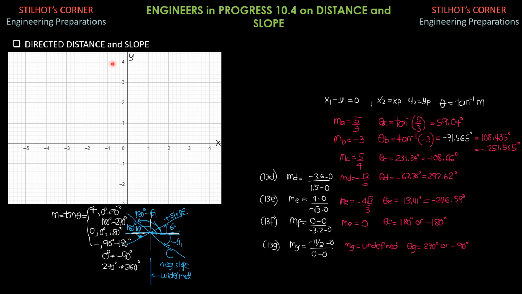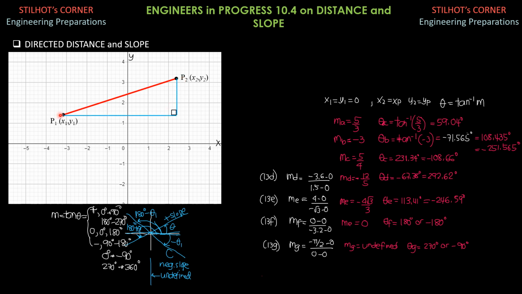So, directed distance and slope. If we have a line segment directed from point P1 to P2 with corresponding coordinates shown, then the directed distance should be terminal coordinate minus initial coordinate.